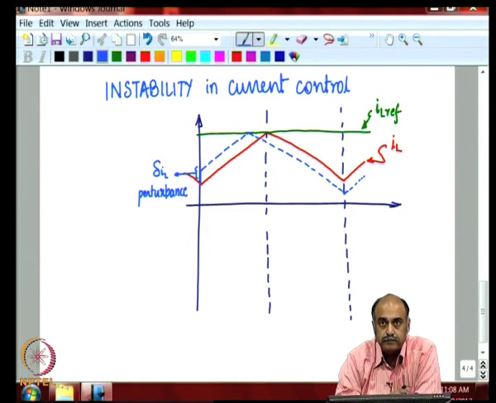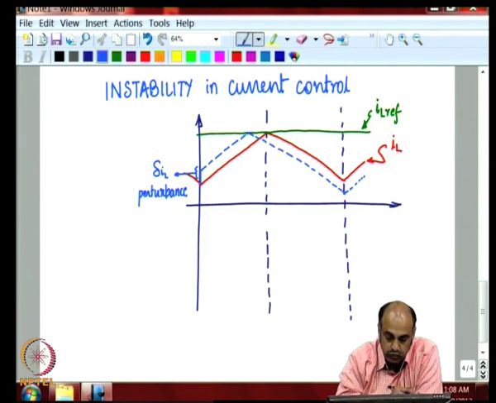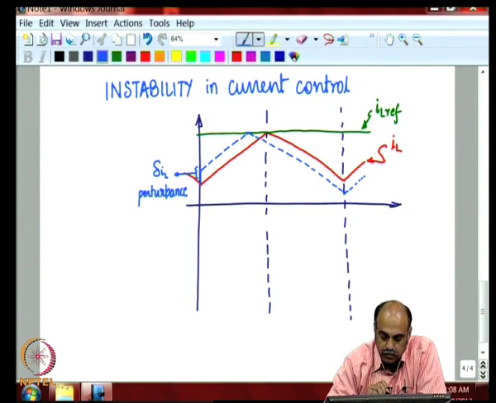There could be a spike in the input voltage, which could perturb the IL for a short moment, and then that could carry on from there. Or there could be a change in the input voltage, which could probably change the slope. So, many of these issues can happen, and because of that, what we expect, the red colored waveform, could actually become the dotted blue colored waveform.